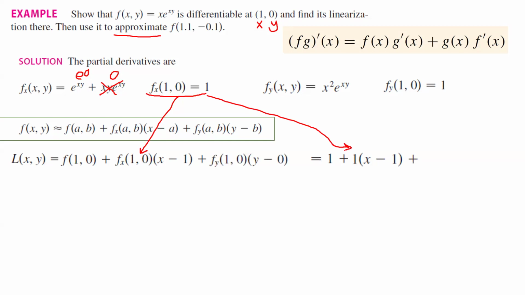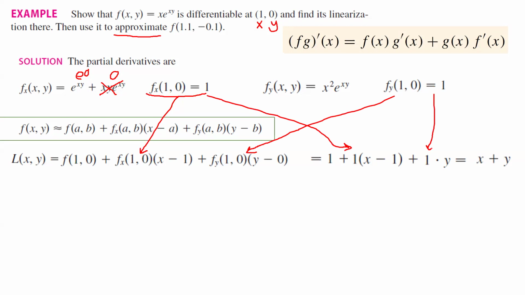Plus the partial derivative of f with respect to y, which is 1, times y minus y sub 0, which is 0. So here we go. We just did some plug-ins and simplified as much as we could. This becomes x plus y.